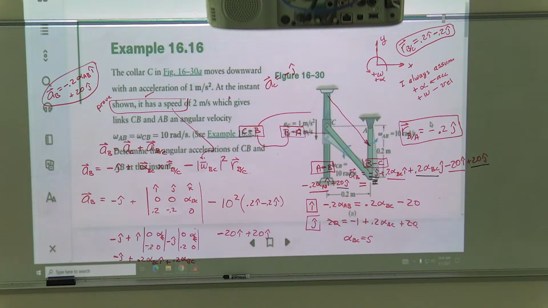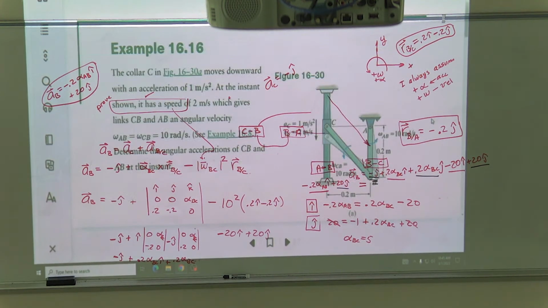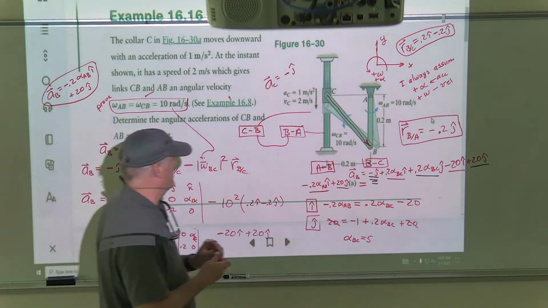One more down? No, one more up. I can't really tell. Oh, no, another one up. Okay, let me see if I can fix my mistake on that first one.